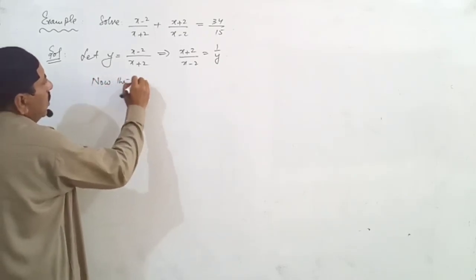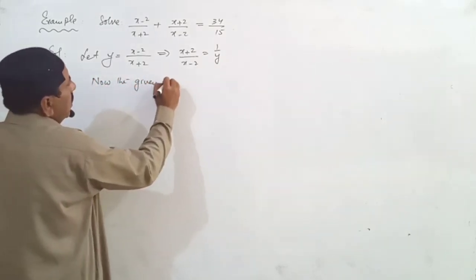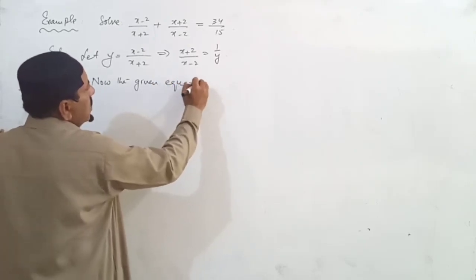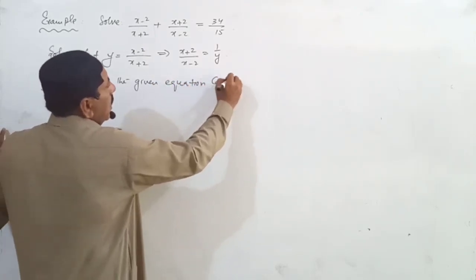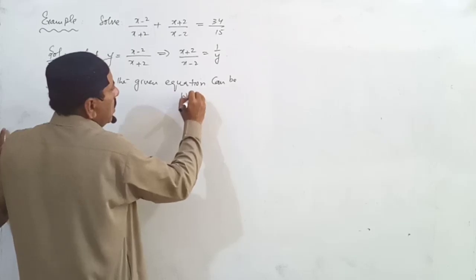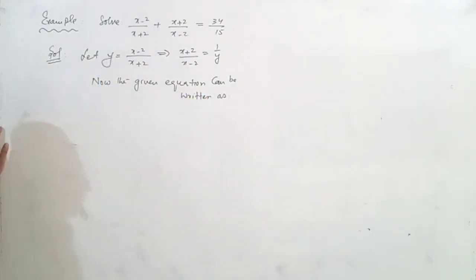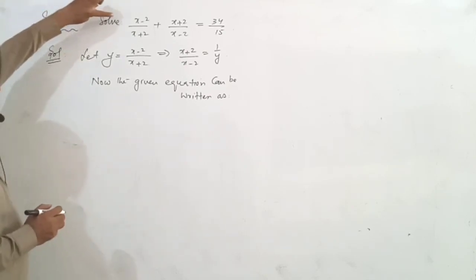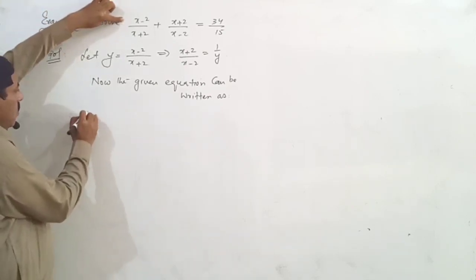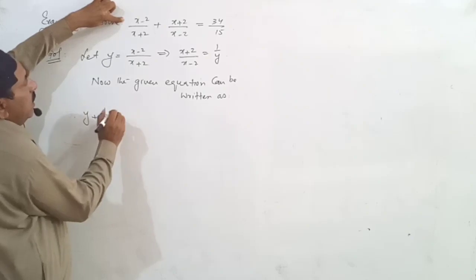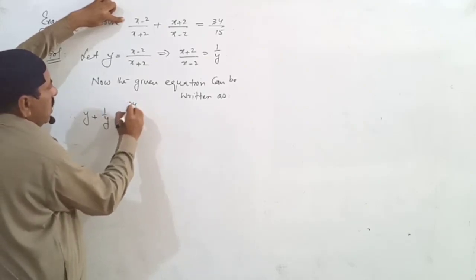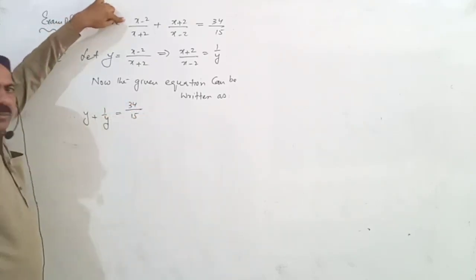Now the given equation can be written as y plus 1 upon y is equal to 34 upon 15.